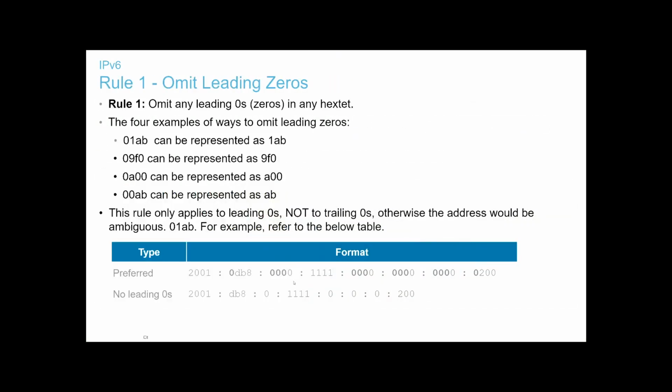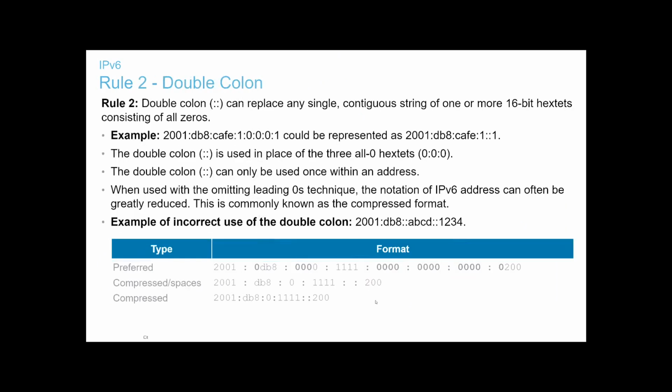As far as writing an IPv6 address, you can omit a leading 0, or if that particular hextet is all zeros, you can just use a single 0 for that hextet to hold the place value.